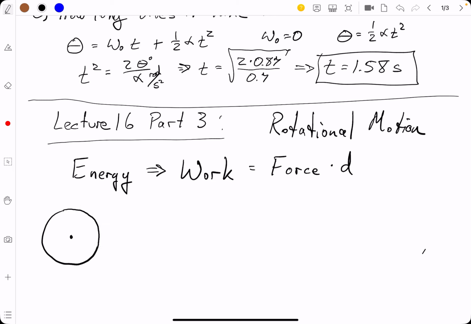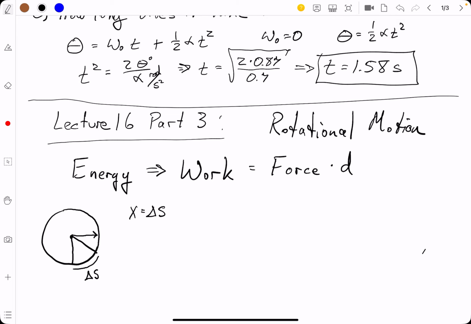When something is rolling around, consider this thing rolling from here to here. And so then this is the distance that gets covered. What do we call that? We call that delta S. It's still a linear distance, right? So x equals delta S.